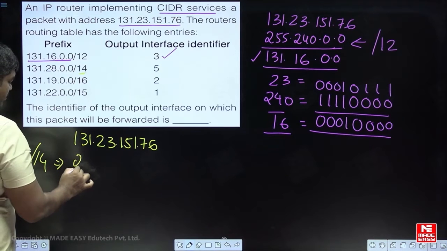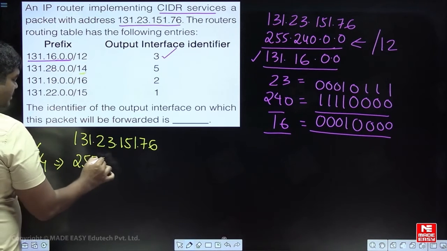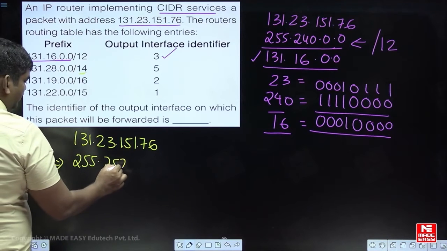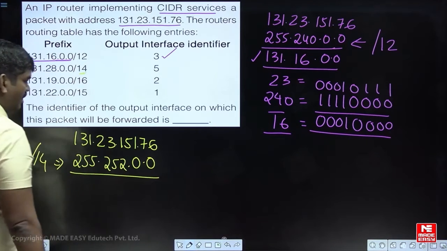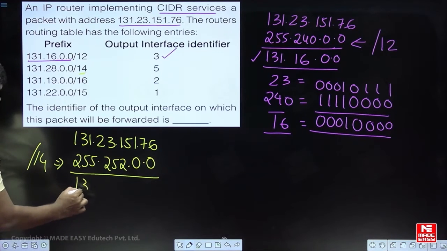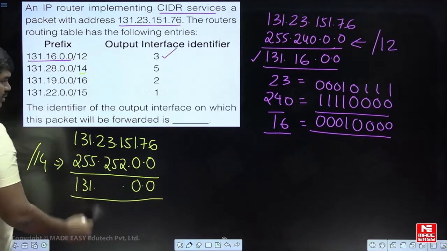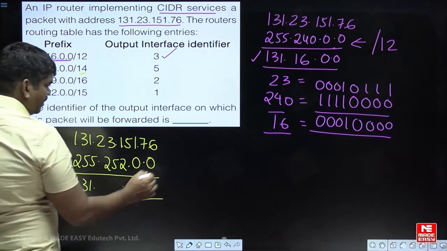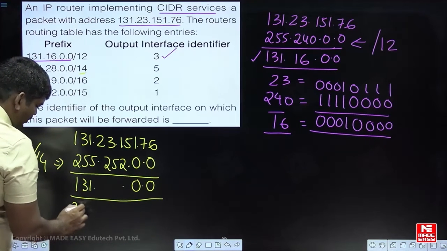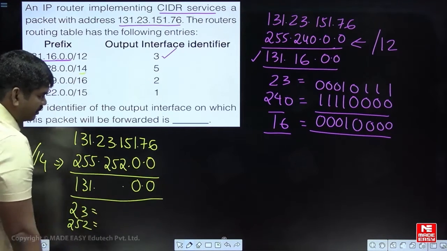If I convert /14 into binary, it is 8 ones plus 6 ones, so the value is 255.252.0.0. If I perform bitwise AND, 131 stays, and 0.0.